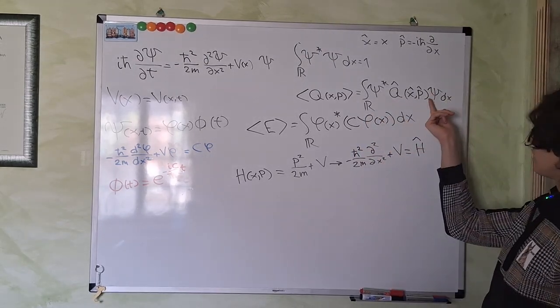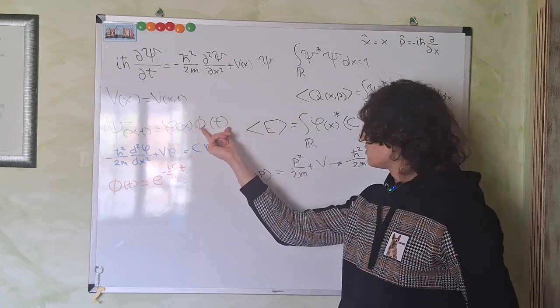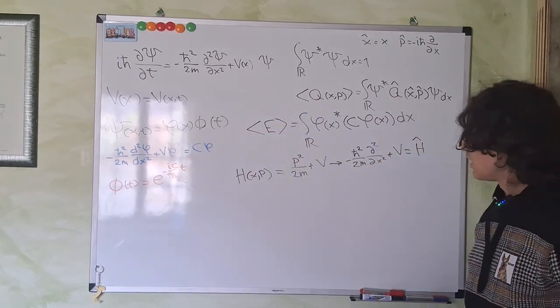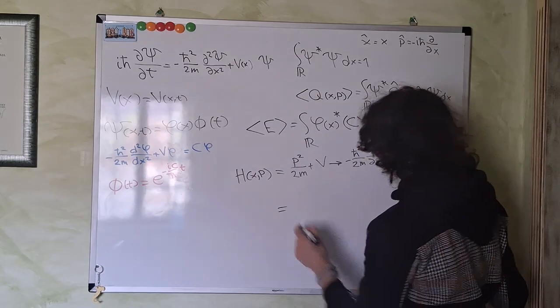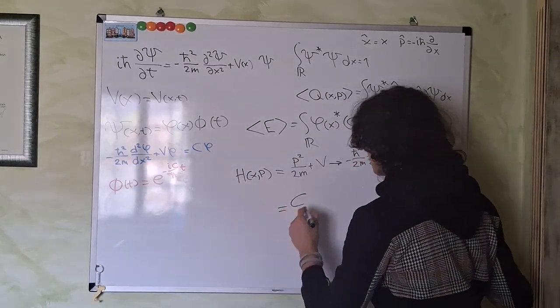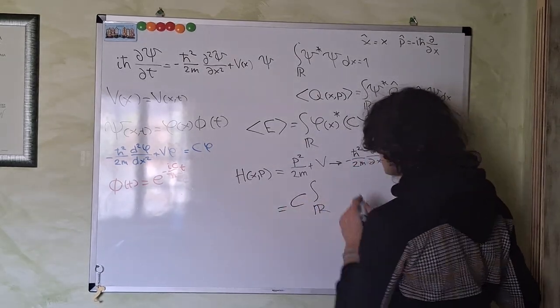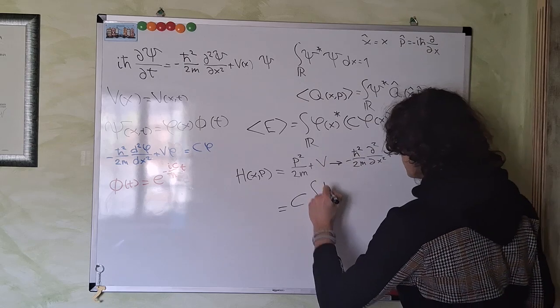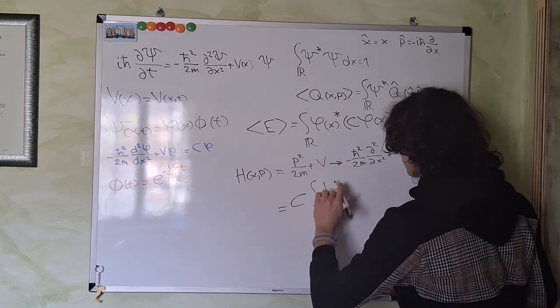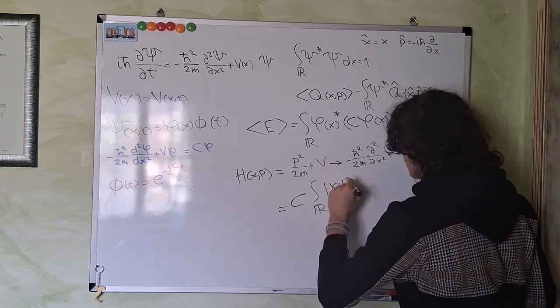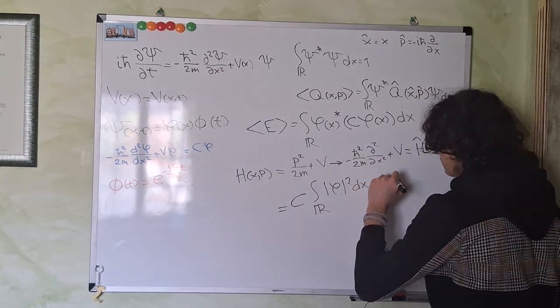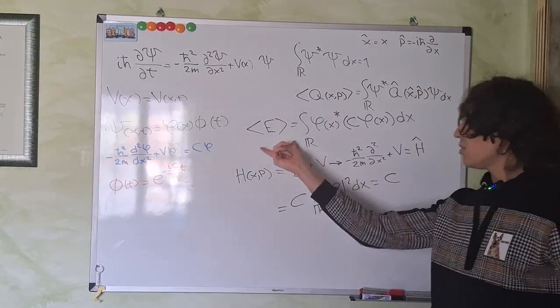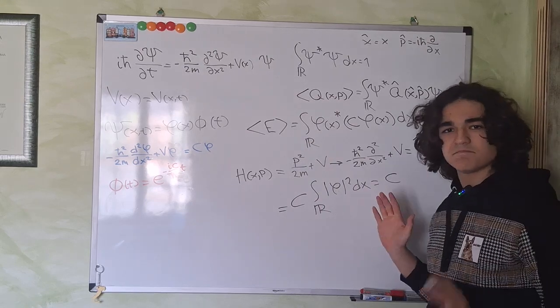Because we're applying the operator on psi, those wiggle factors cancel out. We can bring the constant out, and this simply equals the modulus squared of the time-independent solution. We found earlier that this equals 1, so at the end of the day we get C. The expectation value of the energy is C.